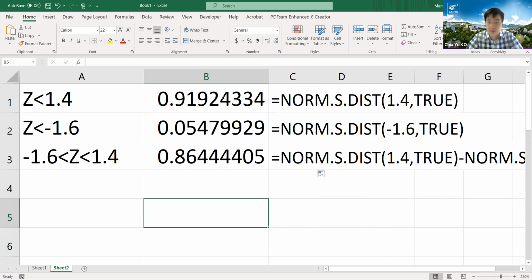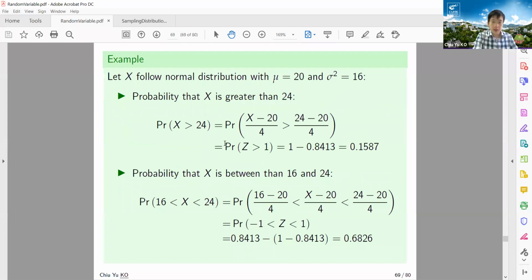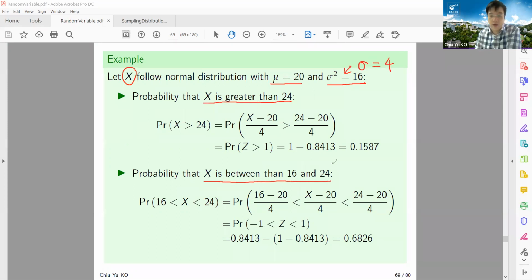If that's okay, then I go back to the slide and show you this one. Now it's no longer normal (0,1); it's not standardized. It's general, with mean 20 and variance 16, so you can see sigma is 4. Another question is asking two things: x greater than 24, and x between 16 and 24.